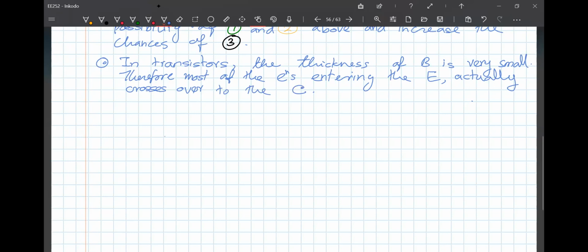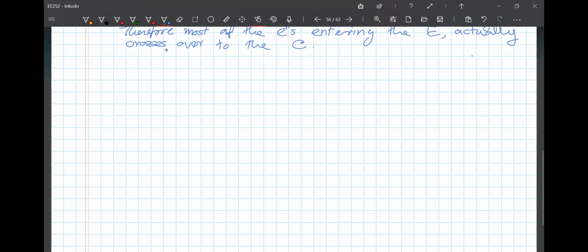This is not explained by the two back-to-back diode model, and it is not captured by the Ebers-Moll model. It cannot be described by the Ebers-Moll model. This is actually because we use an external energy field.